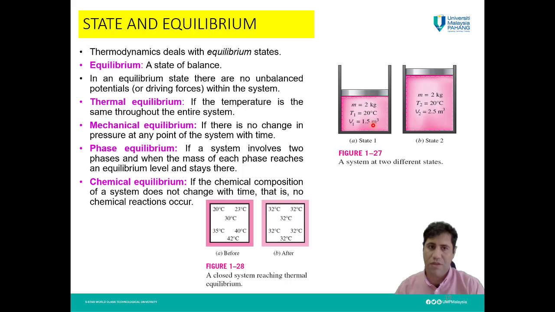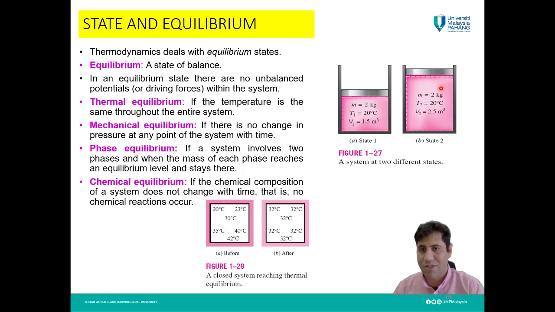So this state is defined as one equilibrium condition, state 1. Then from this state, this piston starts going upward to reach this place. This is state 1, this is state 2. In both of these two states, mass is constant, but temperature and volume are changed.